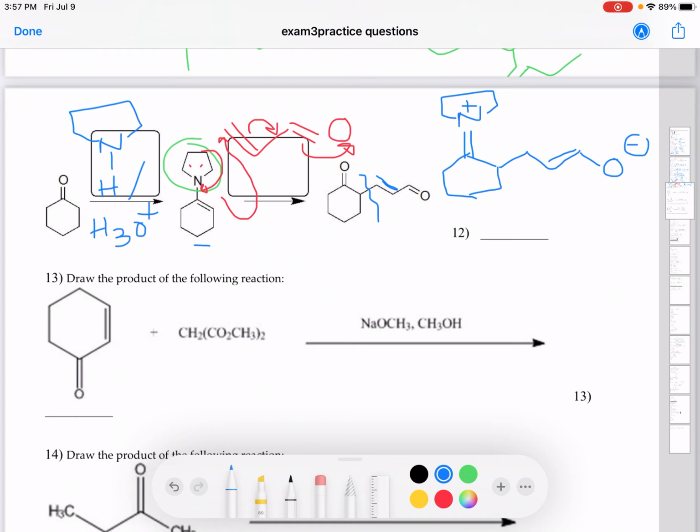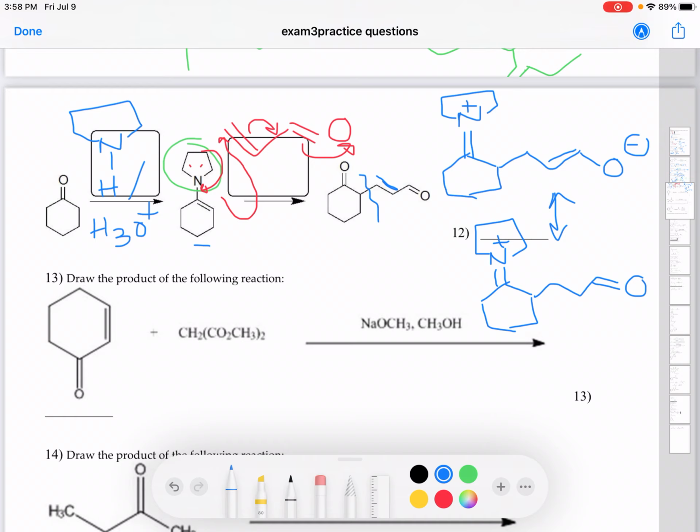Once the enolate anion forms, it can reform the keto form. Okay, enolate form can go back to the keto form, which is this. Keto form, keto-enol tautomerism.